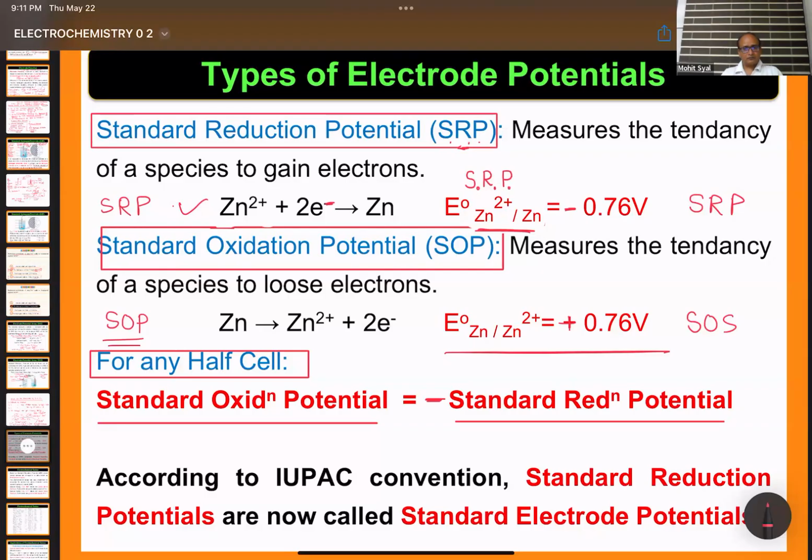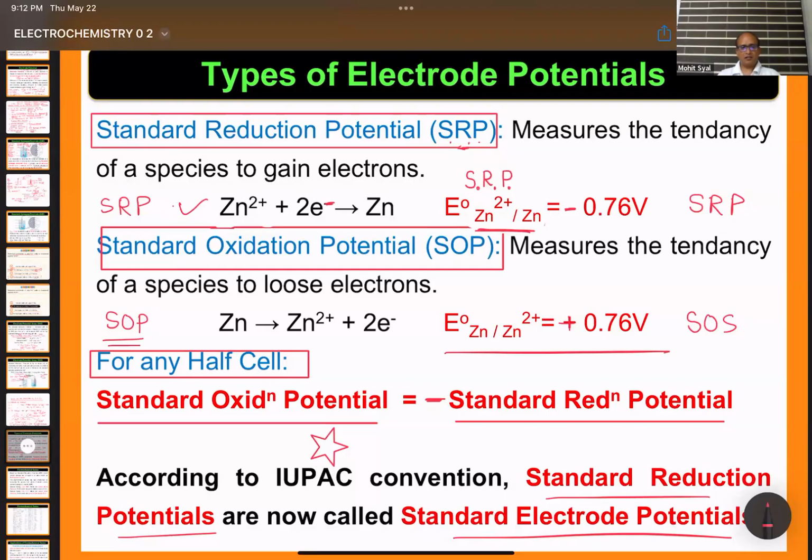How are they measured? They are measured with the help of standard hydrogen electrode. As per IUPAC convention, standard reduction potential is taken as the standard electrode potential.